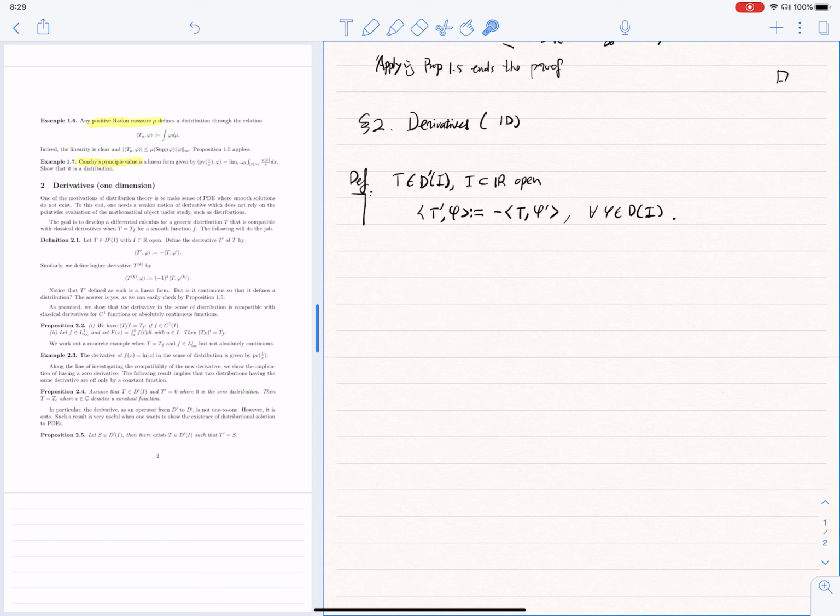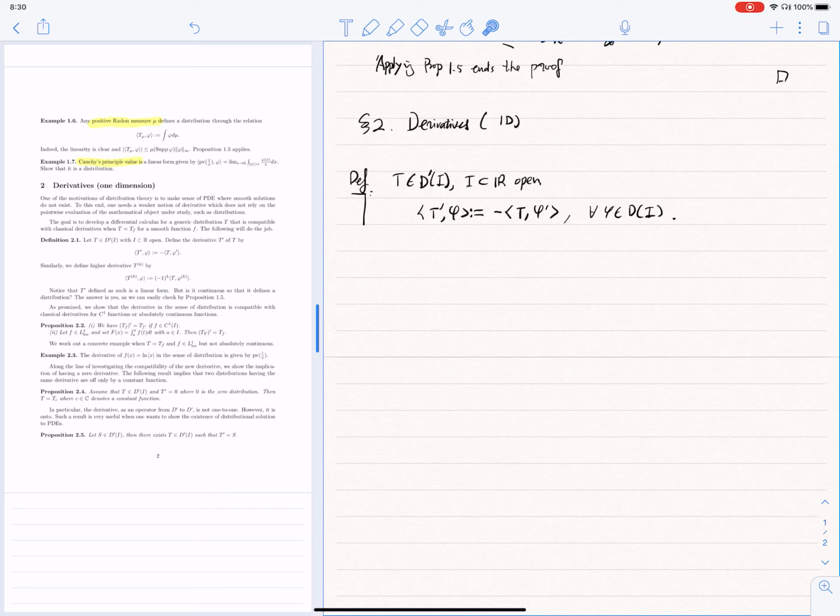So the right-hand side is a finite number, so this is a well-defined object. And because derivative is a linear operation in the classical sense, it is clear that the left-hand side is linear in the function phi. So all that we need to check in order to make sense of the derivative of a distribution as a distribution is a second property.